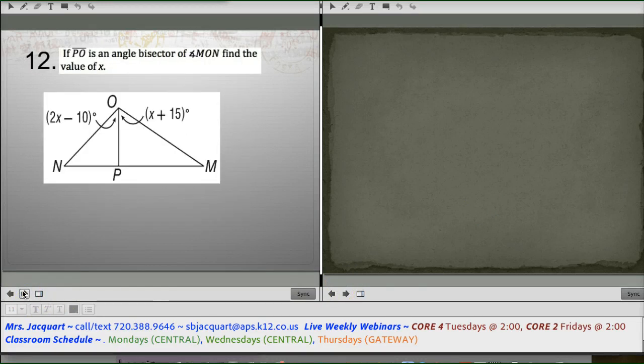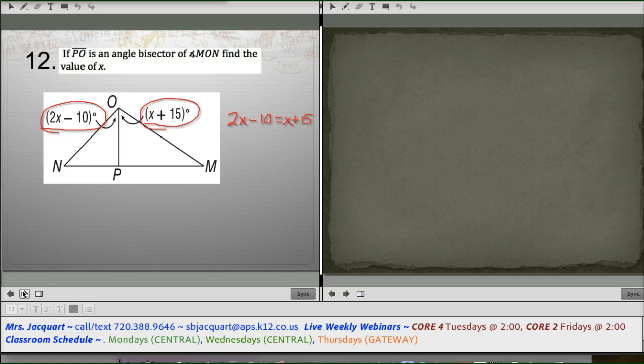Okay, so if PO is an angle bisector of MON, find the value of x. What that means is these two angles equal each other. So you simply just say 2x. Oh, okay, let's start that one over again. 2x minus 10 equals x plus 15.